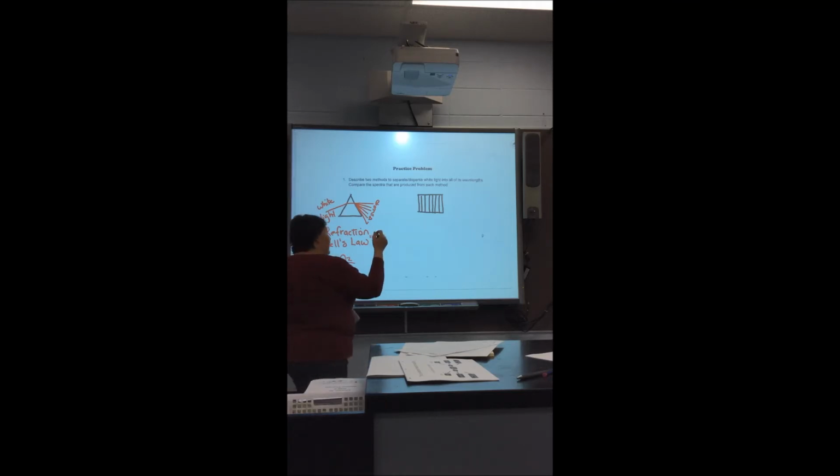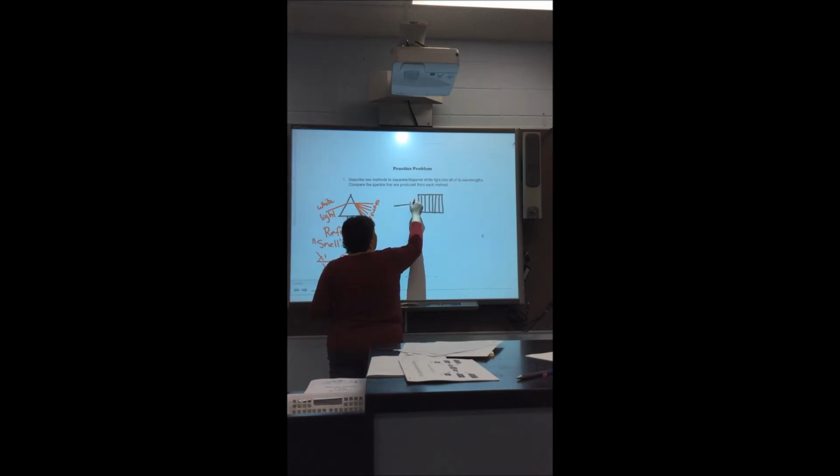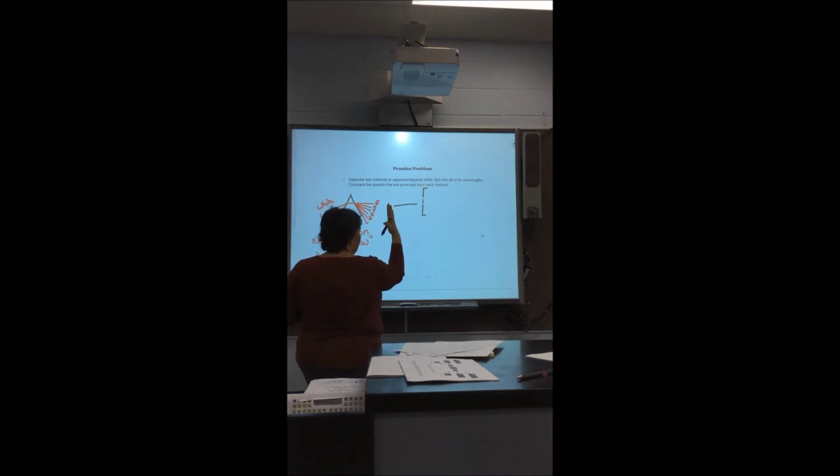So when you shine a light into here, actually I'll turn this so it makes more sense. Okay, so this is the card turned this way so that we can see those slits, and then the light goes through here. Keep everything the same.